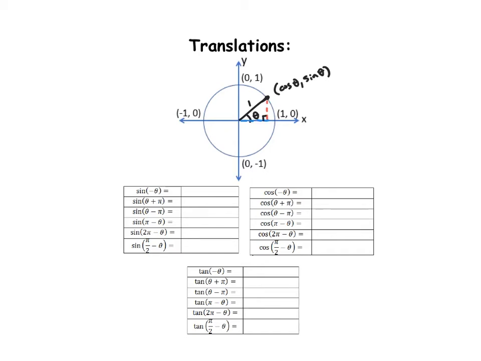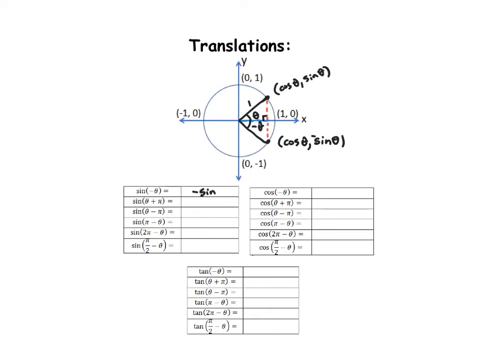So if I were to graph sine of negative theta, sine of negative theta would put our angle down here. Okay, you'll see what I'm getting at here. Cosine of theta has not changed, but our output for sine, because this angle right here is negative theta, is now the opposite.